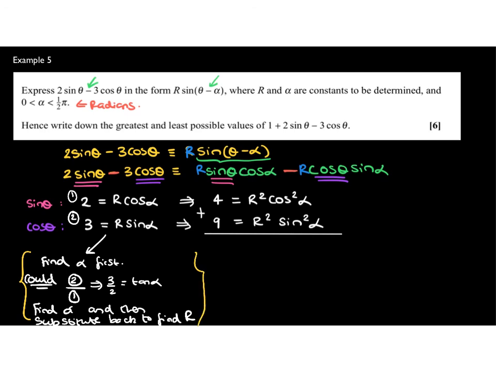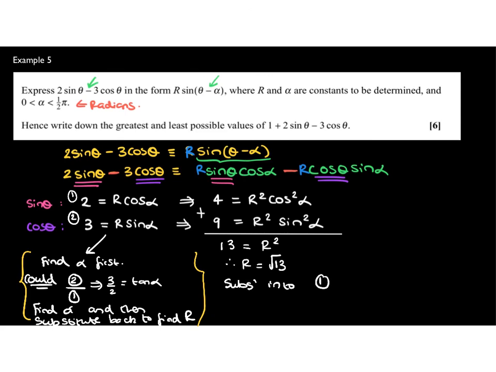I'm going to take the equations that we've found here, equation 1 squared and equation 2 squared, and I'm going to add them together. So we get 13 equals r squared. So r is equal to the square root of 13. Now I'm going to substitute back into one of my equations.